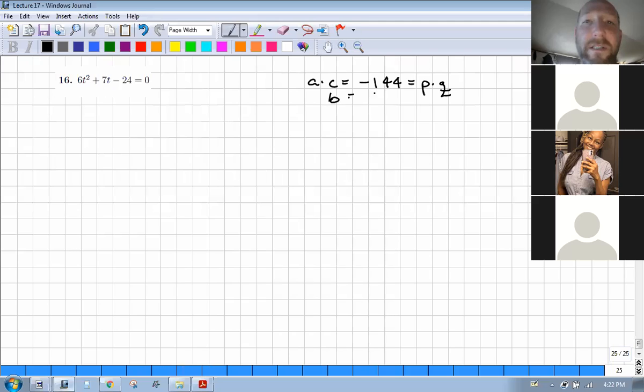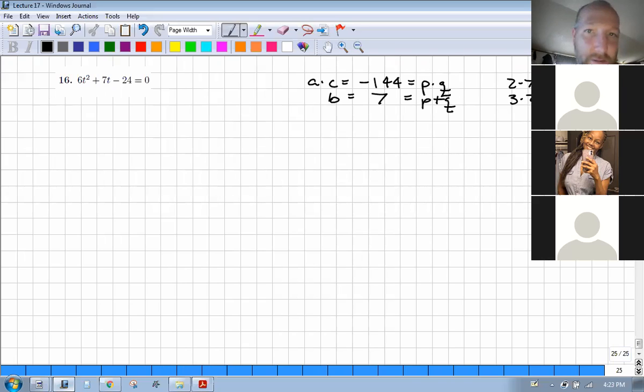Our B here is 7. You got a 2 times 72. That doesn't work. See, since it's negative, we need one positive and one negative. Their difference has to be 7. So what about 3? 3 times 24?